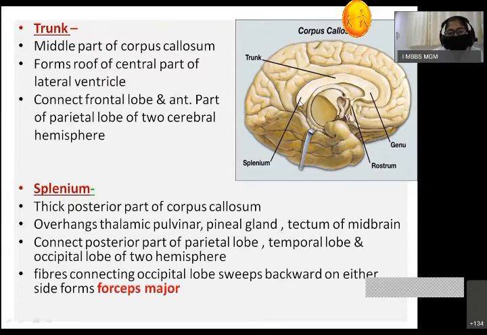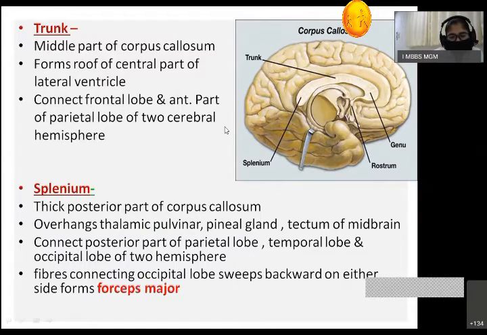It forms the thick posterior part of the corpus callosum. It overhangs the thalamic pulvinar, pineal gland, and tectum of the midbrain. It connects the posterior part of the parietal lobe, temporal lobe, and occipital lobe of the two hemispheres.